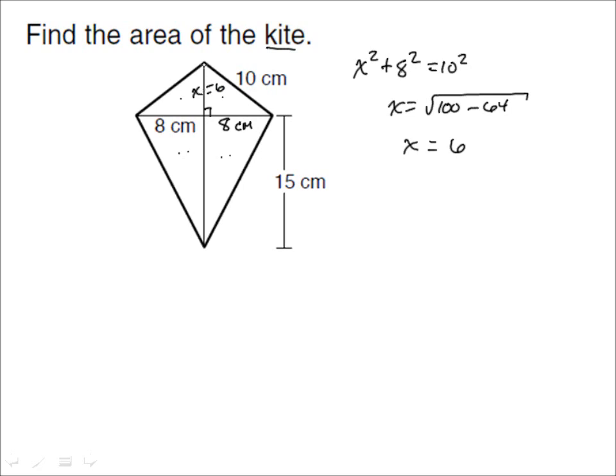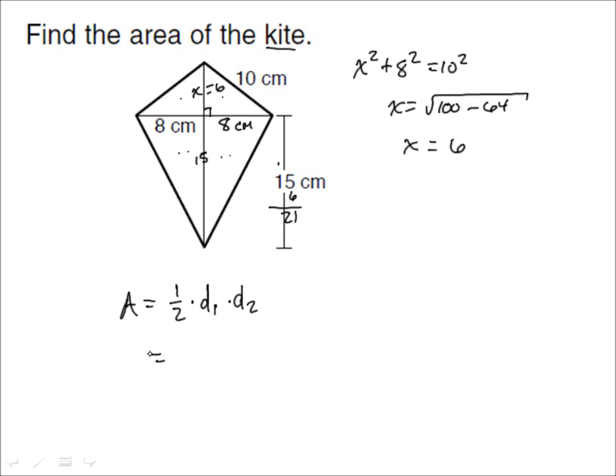So this is 6, and down here we have 15. So this total diagonal, if I add the 6 and 15 up, I have a diagonal of 21. So my two diagonals are 8 and 8, 16, and the other one is 21. So my area, using the formula that relates area and the two diagonals, is 1/2 times diagonal 1 times diagonal 2.